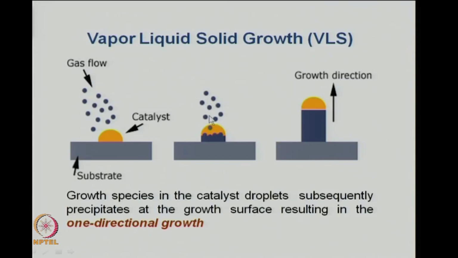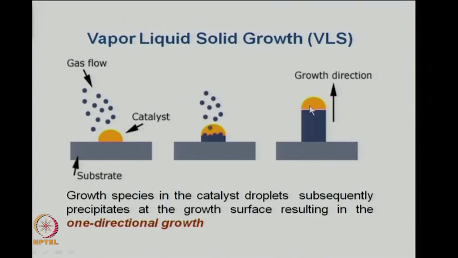As more and more particles come onto the liquid droplet and precipitate, the column starts moving and you start growing the nanostructured material in this direction. Note that at the tip you will always have the liquid droplet which initially was on top of the substrate. So, the growth direction is controlled by the droplet.